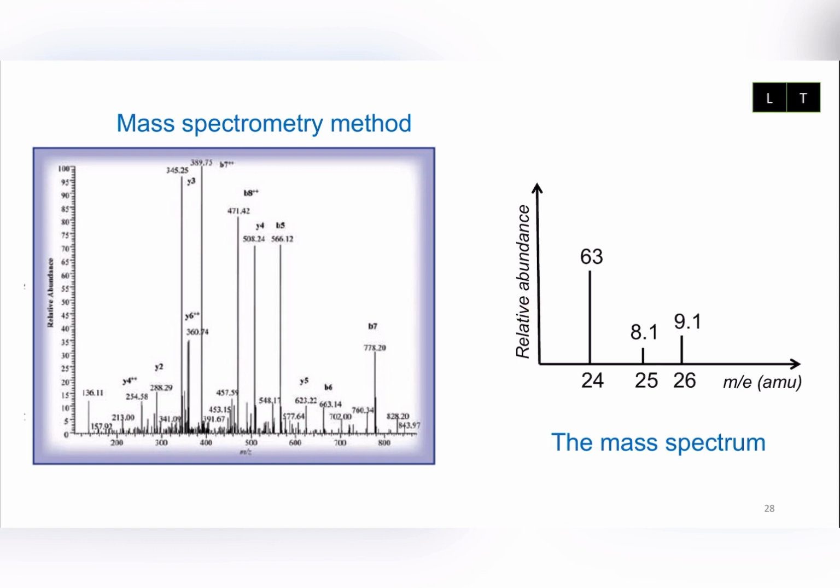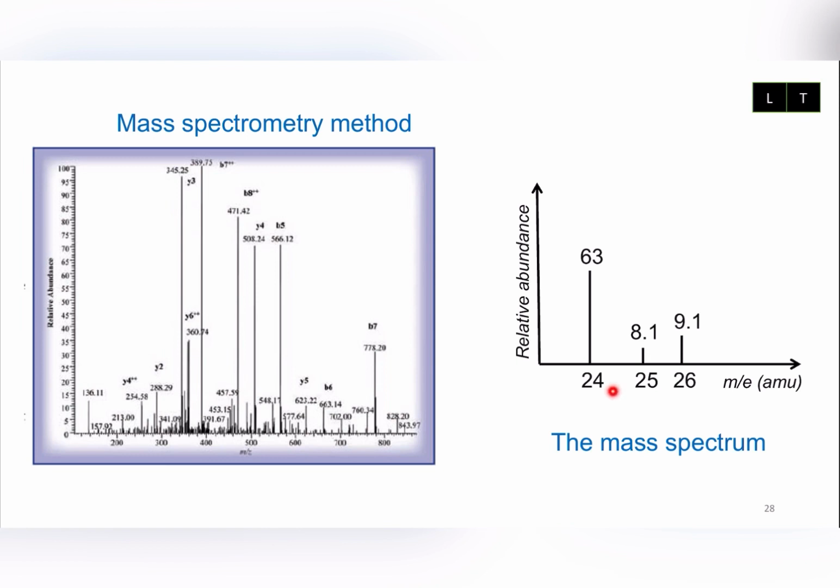Sometimes you will also see percentage abundance instead of relative abundance. They're referring to the same thing. From here, you can see that magnesium-24 has the highest abundance compared to magnesium-25, because the spectrum for this one is taller than the others.